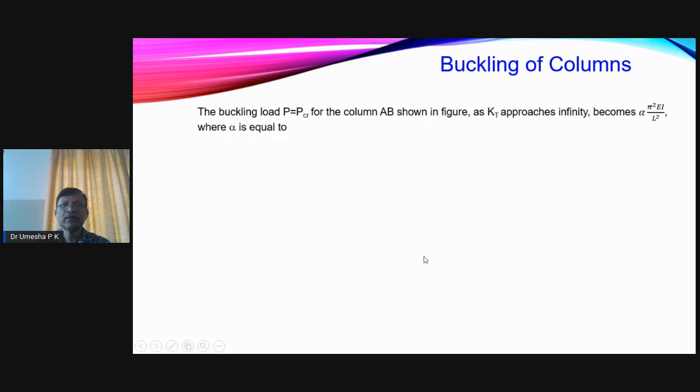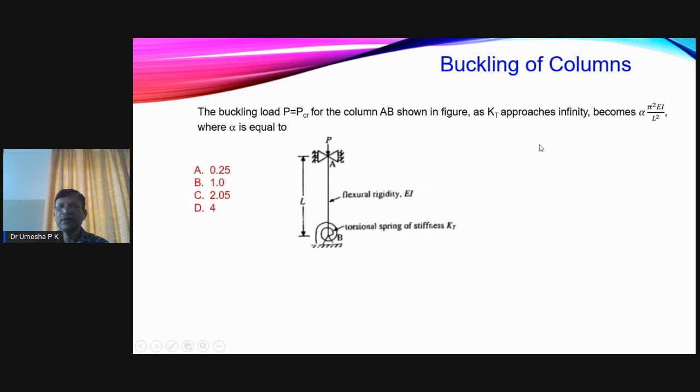So we'll take another example. If a buckling load P equals P critical of the column AB as shown in the figure, as the rotational stiffness K approaches infinity, it becomes απ²EI/L², where α is equal to? So they want to know the value of α. It depends upon your fixity condition.